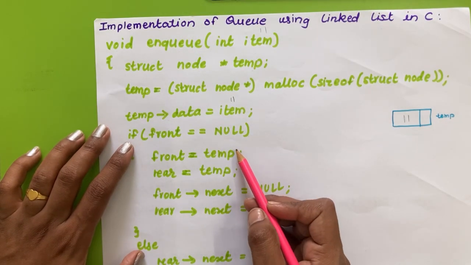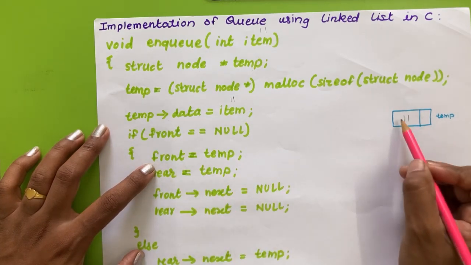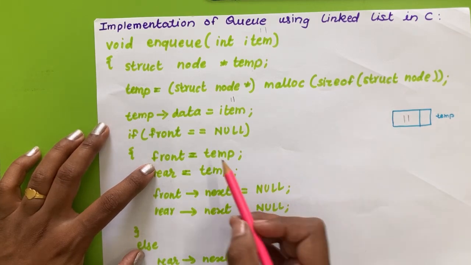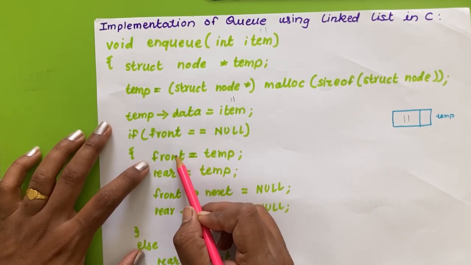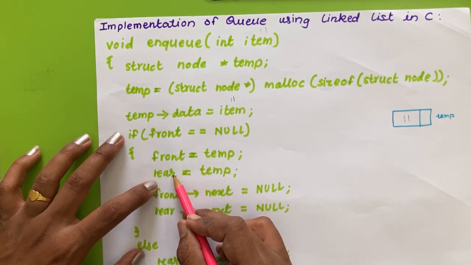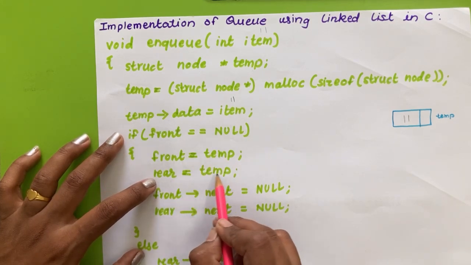We want to insert first element, so this condition satisfies because this inserting new temporary node will be the first node in the linked list. So temporary node will be assigned to front node as well as temporary node will be assigned to rear node. So front is equal to temp and rear is equal to temp.